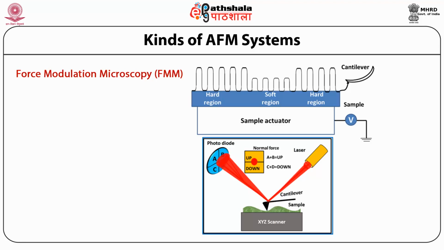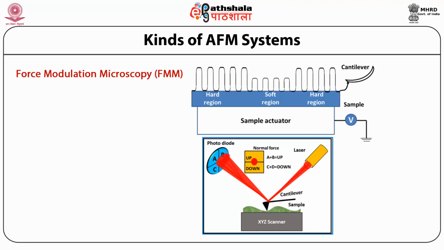Under the same force, a stiff area on the sample deforms less than a soft area. That is, stiffer areas put up greater resistance to the cantilever's vertical oscillation and consequently cause greater bending of the cantilever.